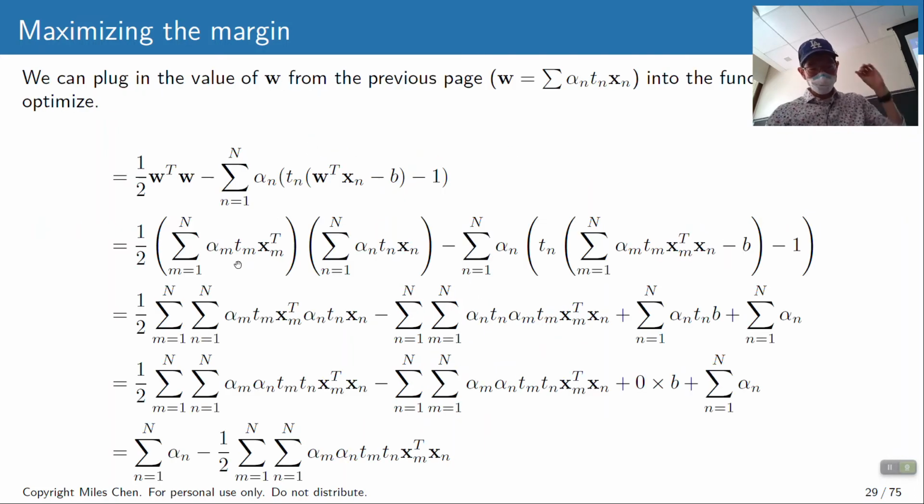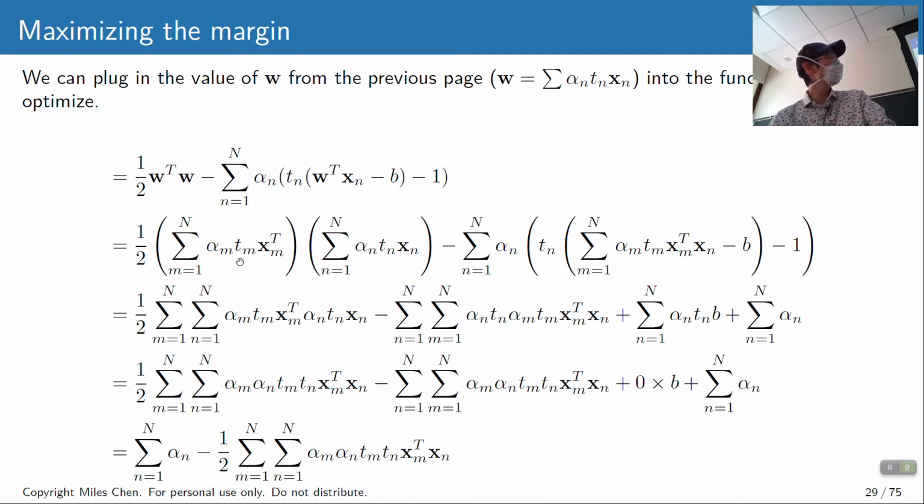So anyway, this is what we have. We plug in this solution that w is equal to the sum of alpha times t times x. Okay, and we put that into here, and we put that into here, and to do the sum product of these things, we change up the subscripts, with m going from 1 to n, and n going from 1 to n.